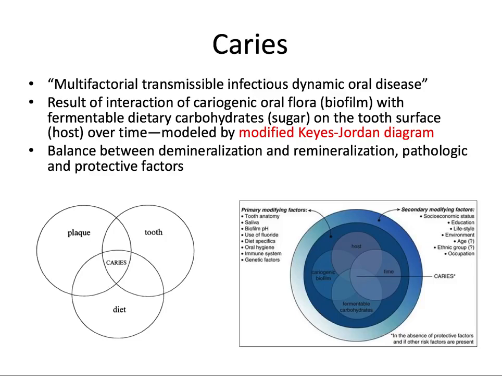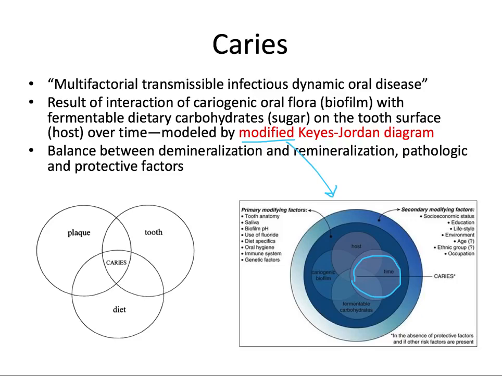So the initial diagram to describe caries was plaque, tooth, and diet, and having all 3 of those together would cause caries, but it's better modeled by the modified Keyes-Jordan diagram, which is down here. This adds a 4th circle of time, because it takes time for this stuff to develop. And there's so many other factors that you can see in the top left and the top right here.